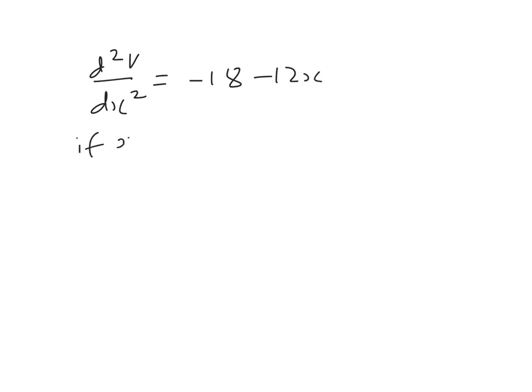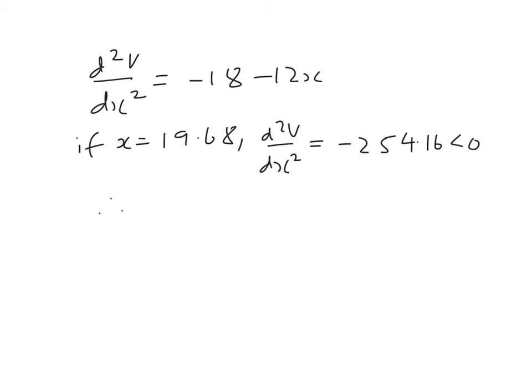And if x is 19.68, d2V by dx squared is minus 18 minus 12 times 19.68, which is minus 254.16, which is negative. Therefore, this is a maximum. So this was part C. Part D, find this maximum value.